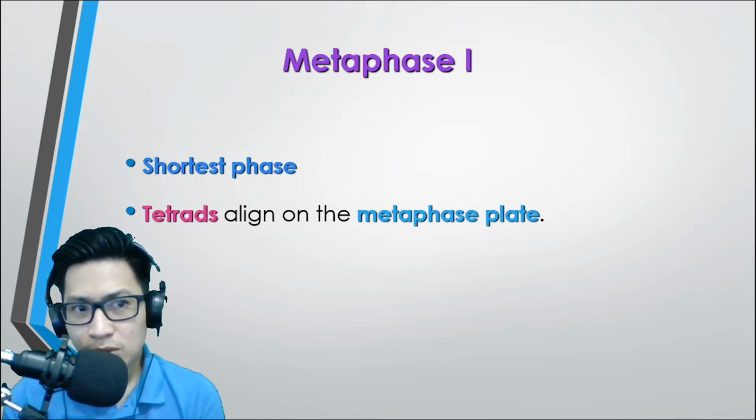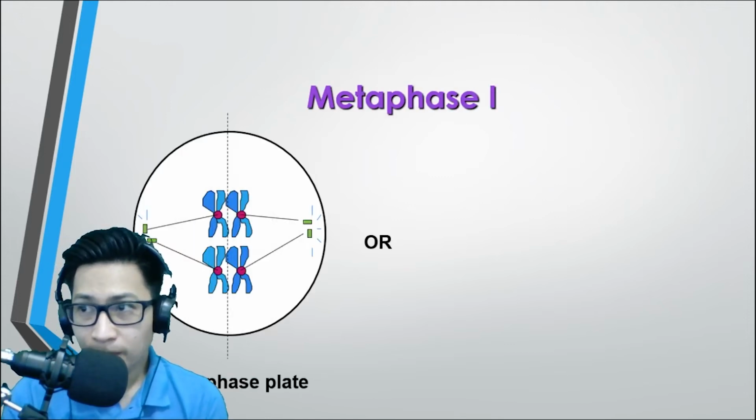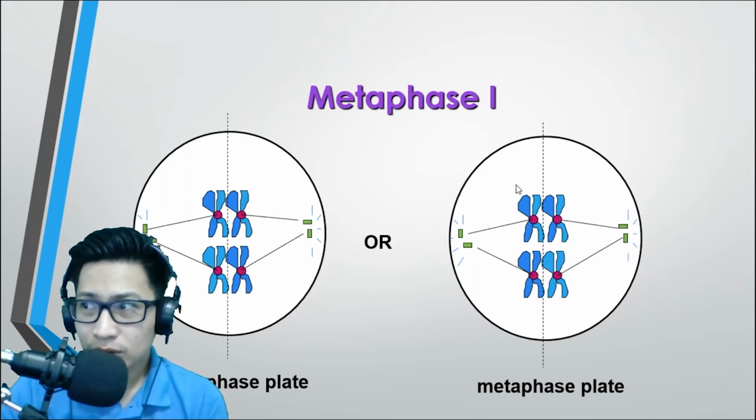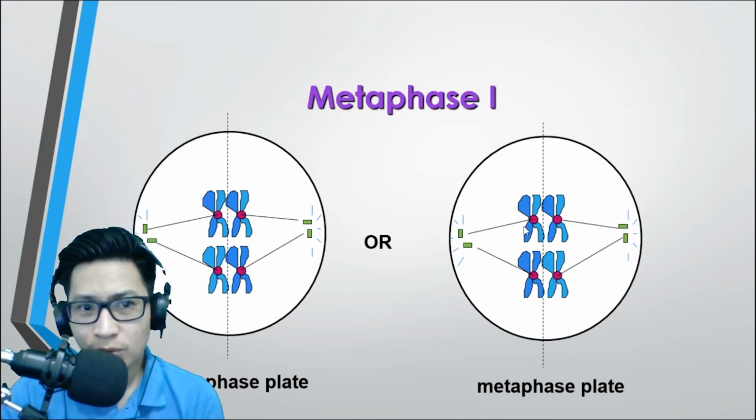In Metaphase I, the tetrads, or the 2 homologous chromosomes, will align at the center or the metaphase plate. Take a look at this. Ayan. The homologous chromosomes will align at the center and the spindle fiber will connect to the centromere of each chromosome. Okay, take note of that, each chromosome.